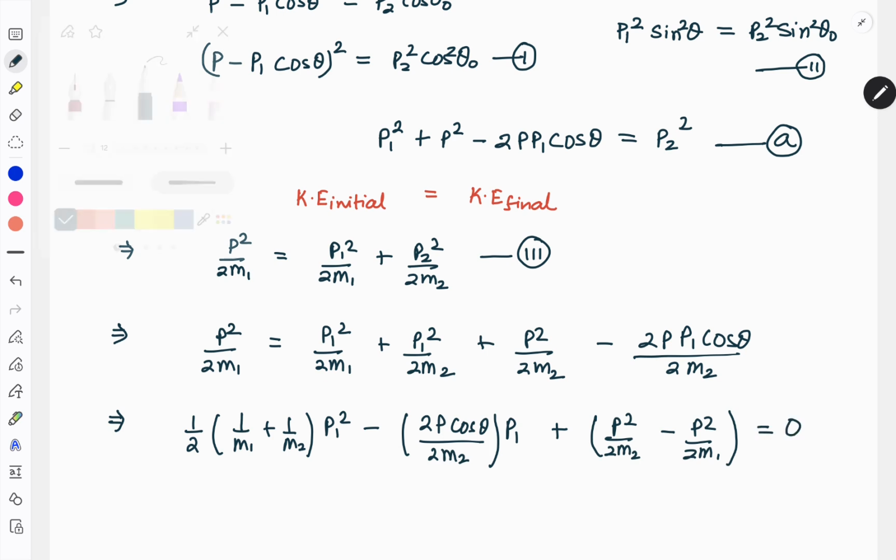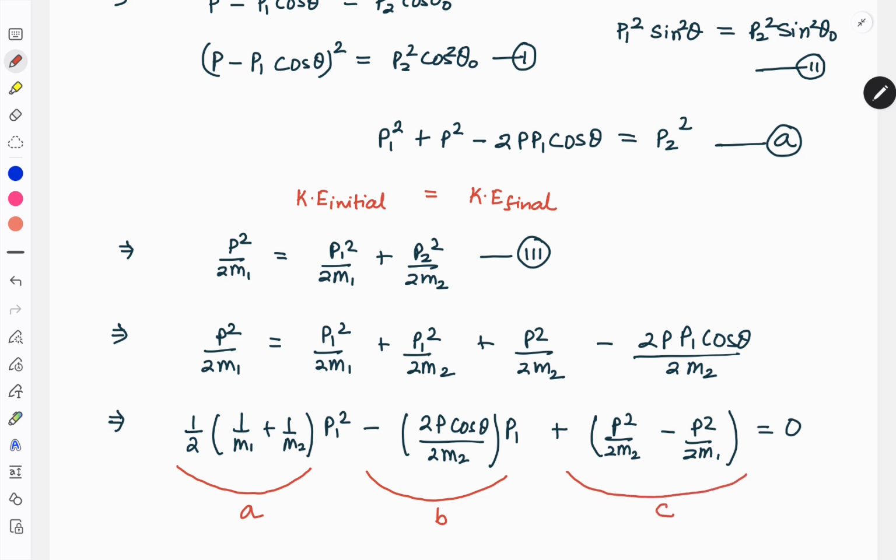It is taking this form where we can refer to this one as parameter A, this one as parameter B, and this one as parameter C, because we have a quadratic equation in p1 square.